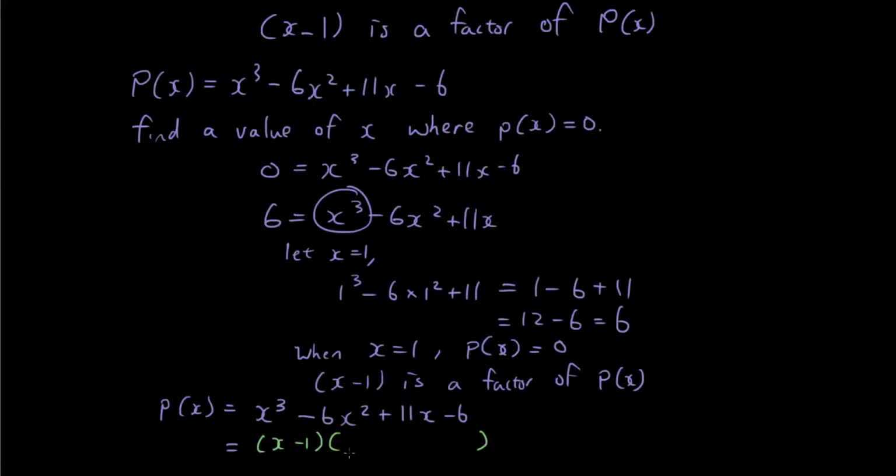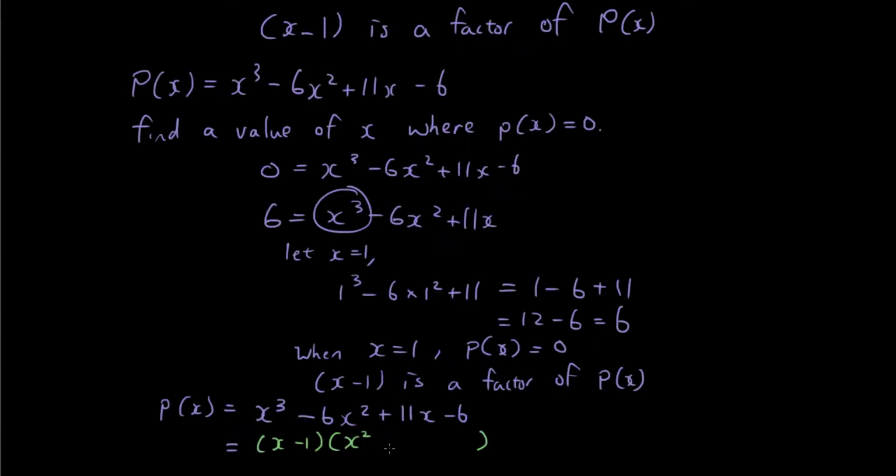And since we know that in the big bracket it must be a quadratic, because x times x squared is going to give you x cubed, right?